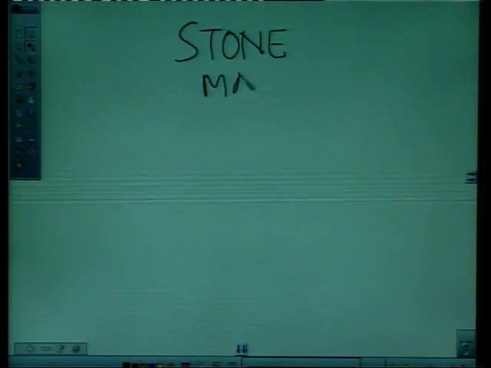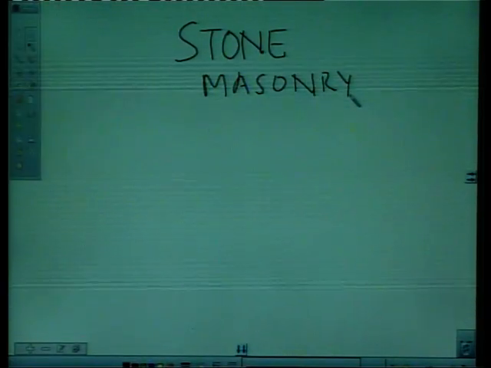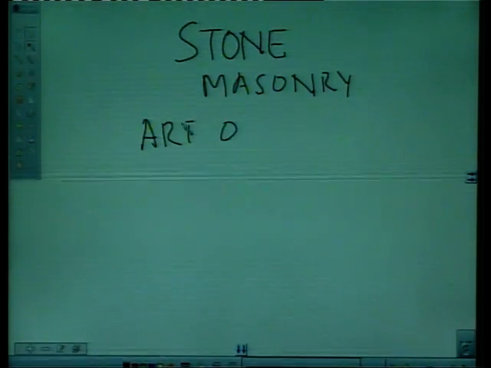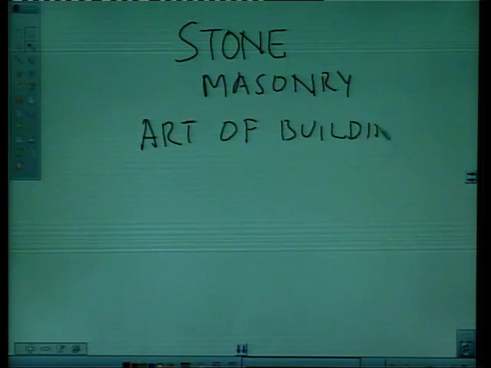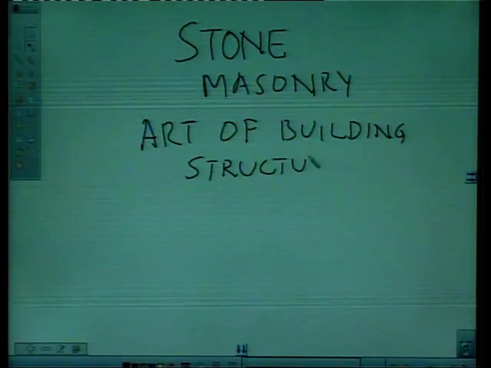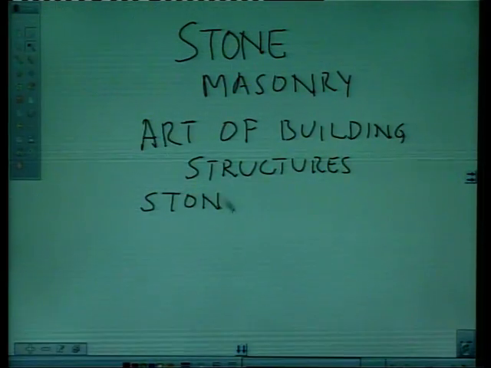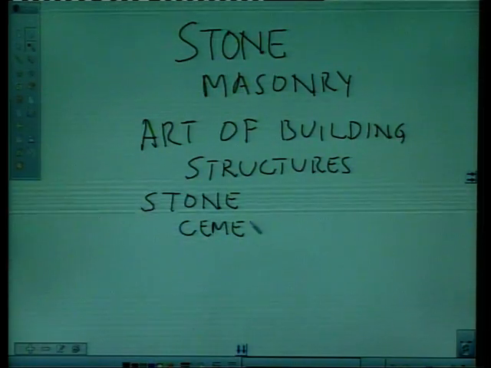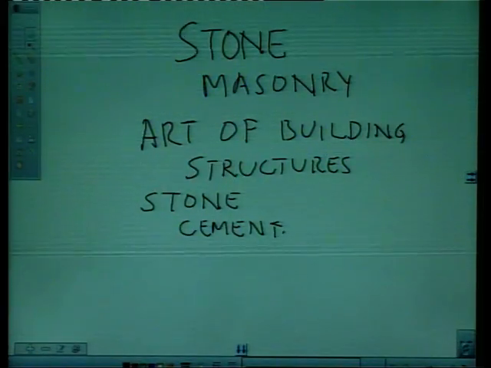Stone masonry is the art of building structures with the help of stones, and a binder also. Cement can be used as a binder to bind them. If binder is not used, then it is very dangerous.